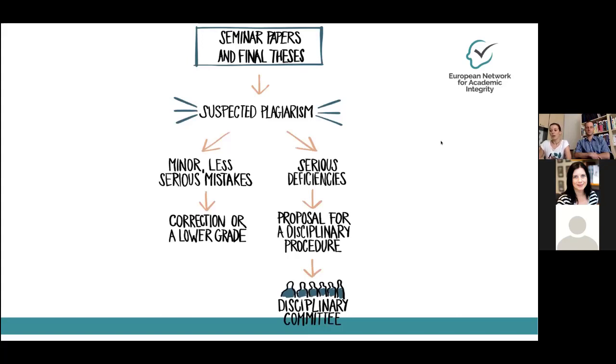But when there is some serious issue, a large extent of plagiarism, or you can really see that the student was trying to cheat you, he didn't do it just as an error or a mistake, then it's necessary to deal with it outside of the course, at a higher level, by some independent committee.